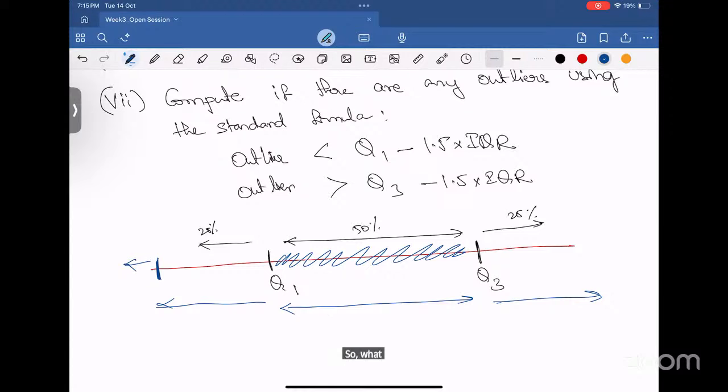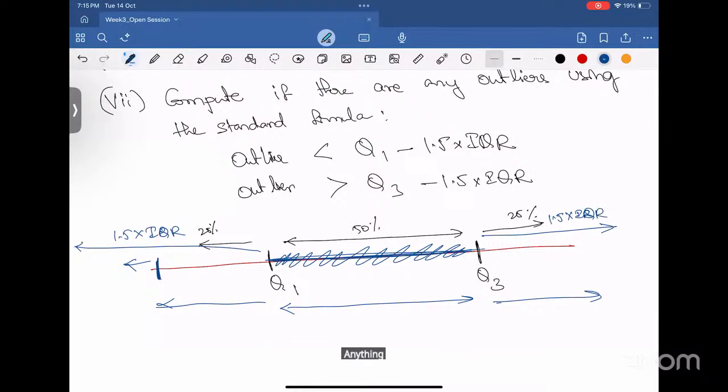What is that place? I will take 1.5 times this IQR and go to the left of Q1. I will go 1.5 times IQR to the left and 1.5 times IQR to the right.